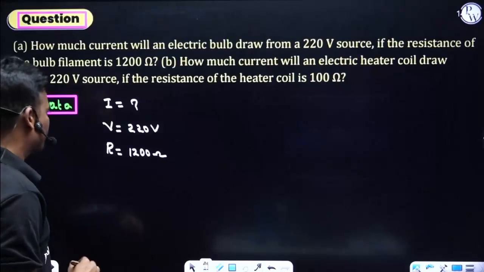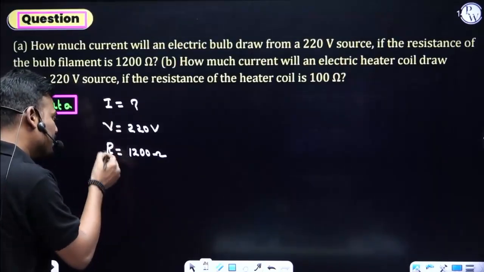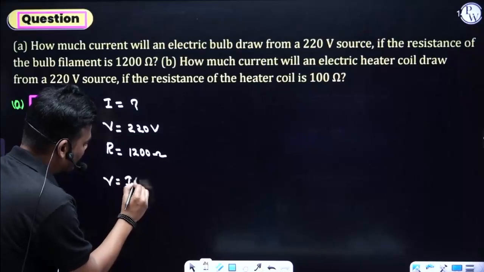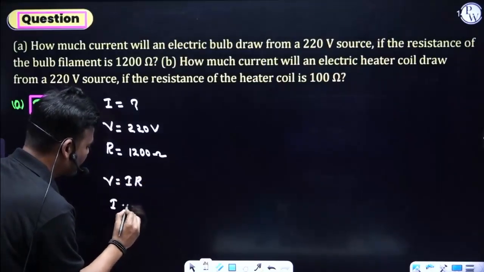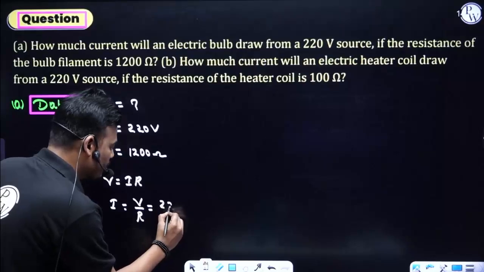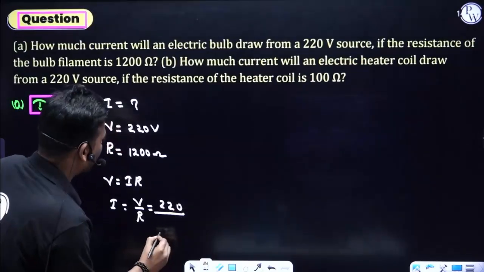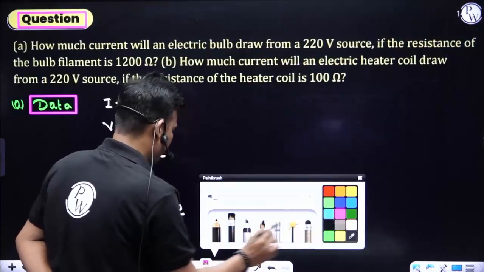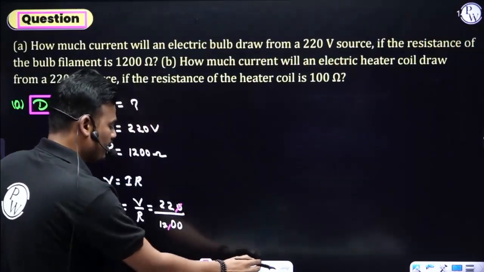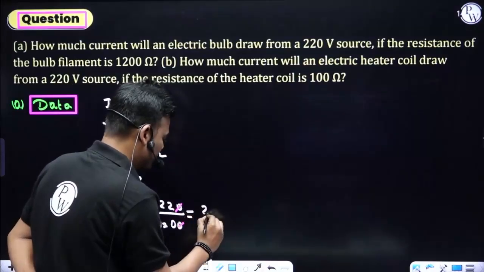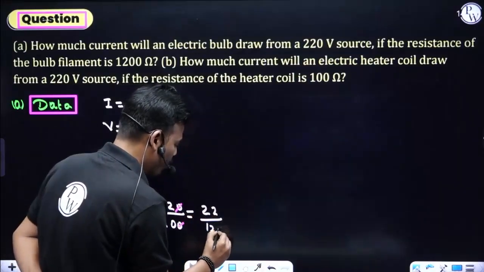The relation between these three, we already know from Ohm's law: V is equal to I into R. So I is equal to V divided by R. V is 220 divided by R, that is 1200. The zeros get cancelled, and here we have 22 divided by 120.